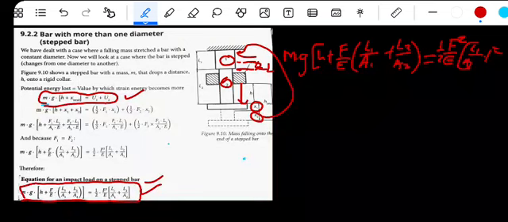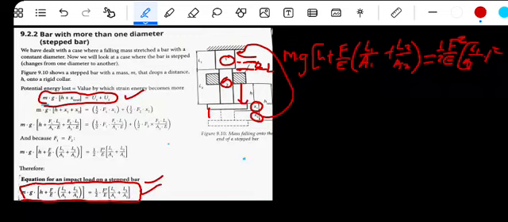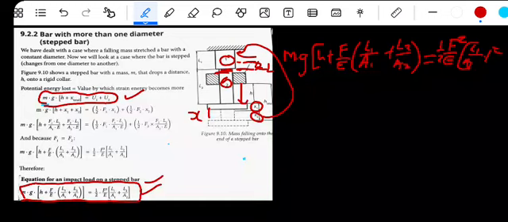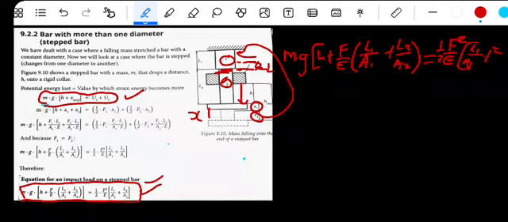If this goes down, bar 1 will also extend, because this is attached here. Bar 1 will have an extension, and we will write it below because it will elongate. If this elongates, it will cause this to go down also, so we'll call it X2.